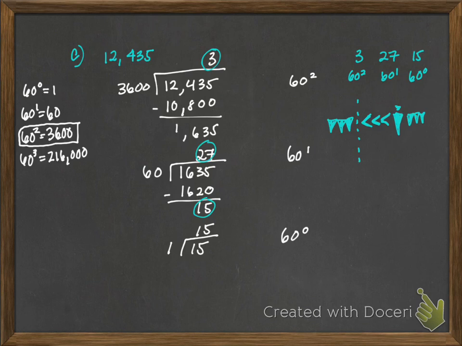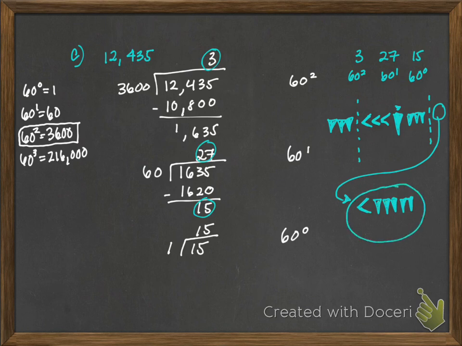I'm losing room, so this part is going to go down here. For this last part, I'll make a circle to let you know. To represent 15, I'm going to use 1 boomerang and then 5 spikes. That's what goes in that value.